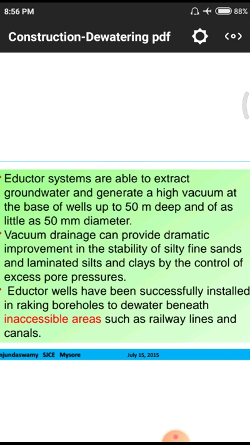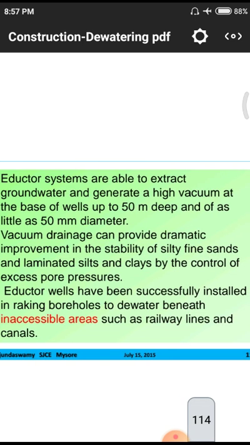Vacuum drainage will directly create a vacuum pressure onto the soil strata. Due to those vacuum pressures, the water will be drained easily from the bottom surface to the top surface against gravity levels. These ejector wells can be easily installed in existing boreholes to dewater beneath surfaces.